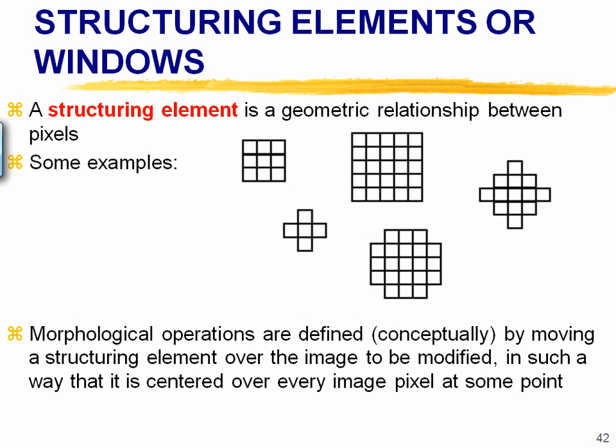The OR operation that I perform is going to be limited to the number of pixels that are overlapping within this element that I've put on the image and nothing else, which means my OR operation does not account for the pixels that are out here. Only within the structuring element is what I will use in order to perform an operation. So that's the basic purpose of a structuring element.